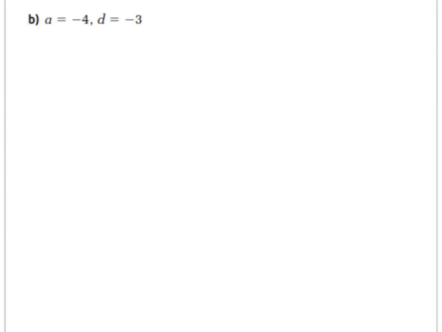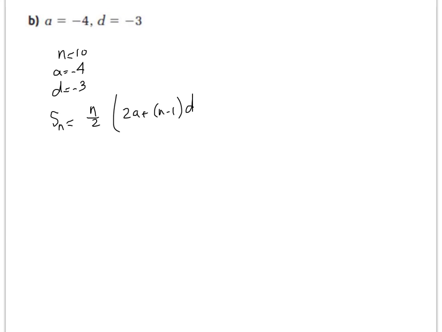The next example says find the sum of the first 10 terms if the first term is -4 and the common difference is -3. This time, since I know n is 10, a is -4, and d is -3, I don't know what the last term is, so I cannot use the first version of the formula. I'm going to use the second version, which is Sn is n over 2 times 2a plus n minus 1 times d.